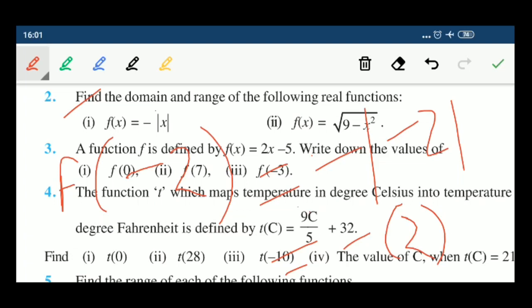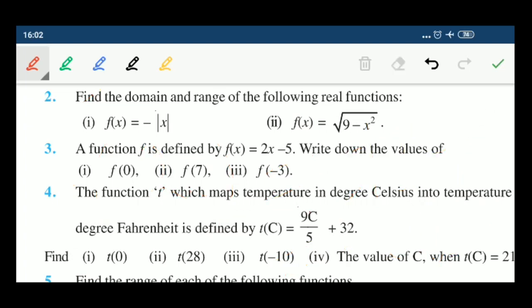After simplification of this modulus, you will get a positive value, and this positive value is multiplied with this negative sign, so your answer is in negative every time. So remember, whatever you put here in place of minus 2, suppose you take a positive value, that is 2, you will again get 2, and when it is multiplied with this negative sign, you will get a negative value.